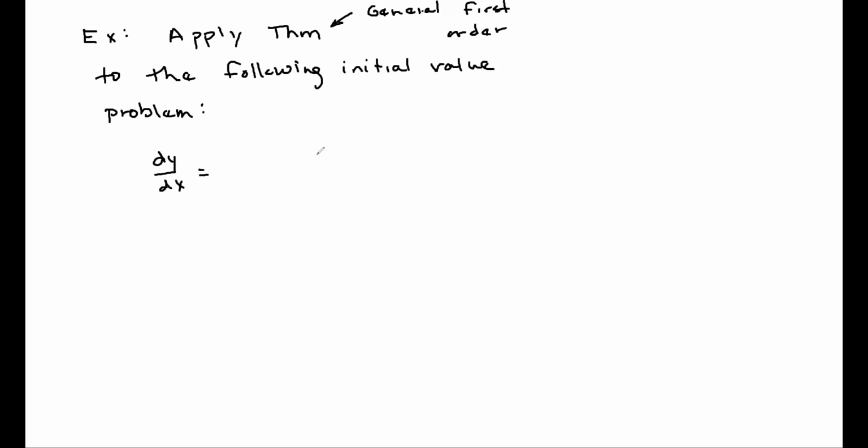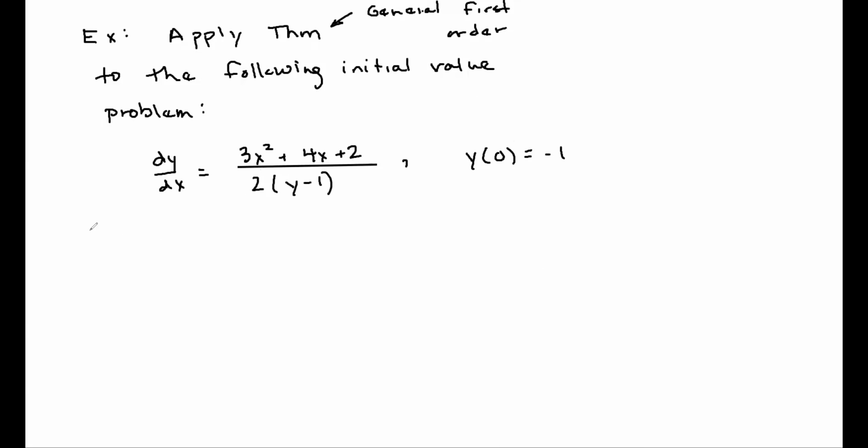We have dy dx equals 3x squared plus 4x plus 2 over 2 times y minus 1. And they give us the initial condition, y of 0 equals negative 1.